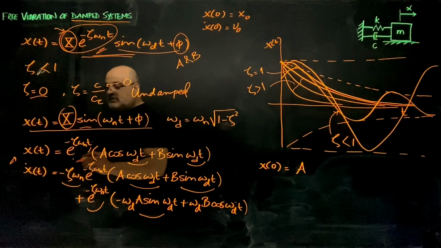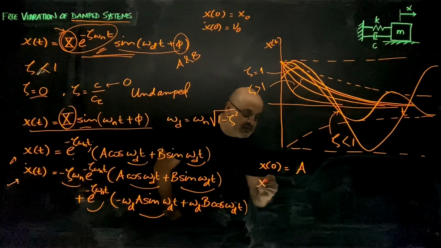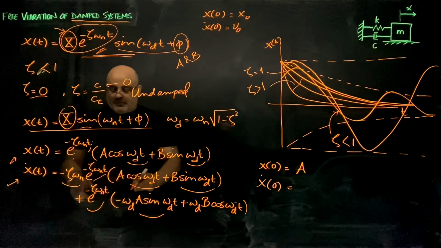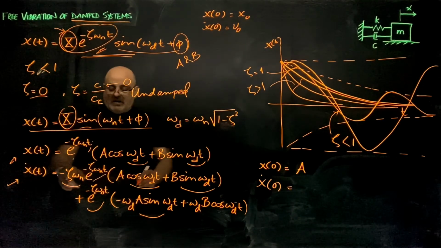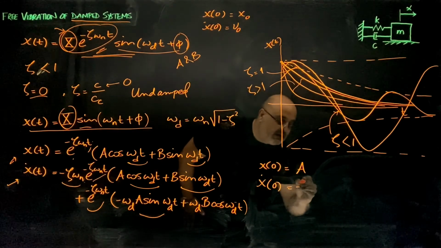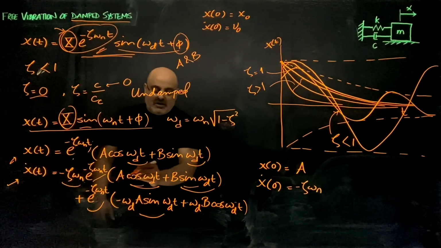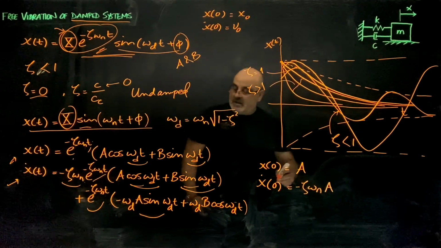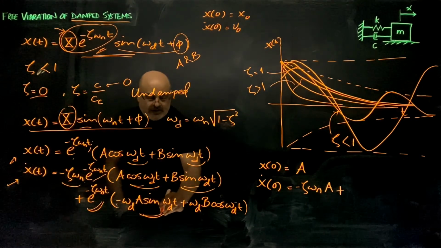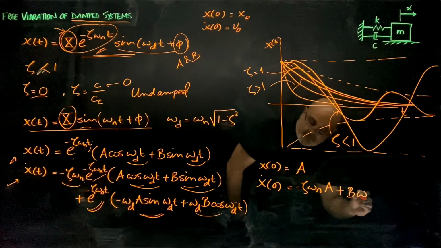And substituting t equals 0 in x dot of t, I have x dot of 0 equals e to the power 0 is 1, so I will end up with negative zeta omega n times cosine 0 is 1, sine 0 is 0, so it will be just a, plus e to the power 0 is 1, sine 0 is 0, and I will have plus b omega d.